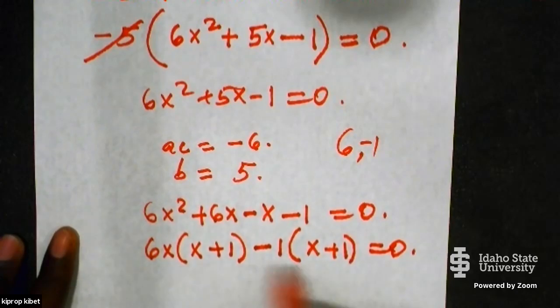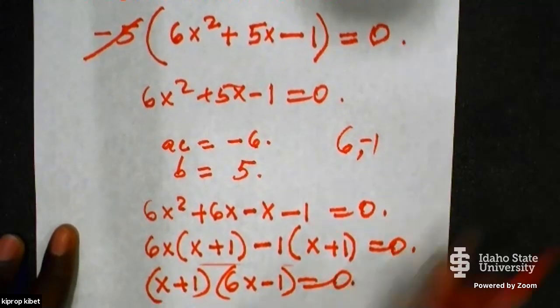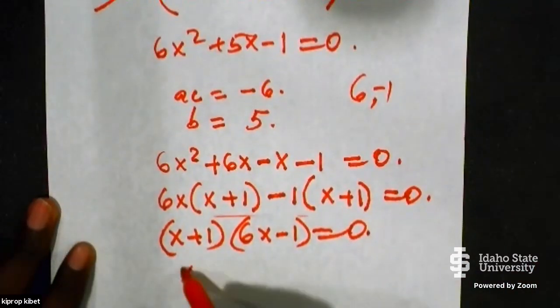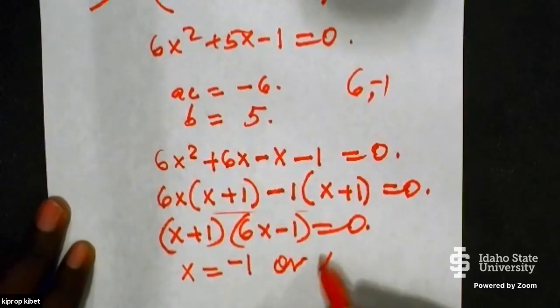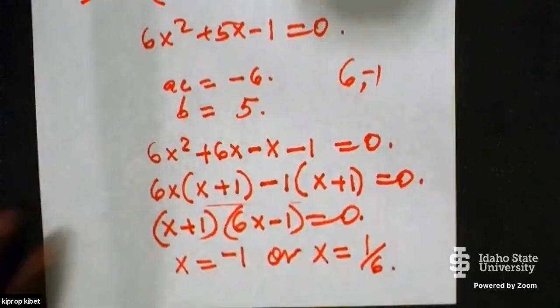So you factor out the common factor there, 6x plus 1, and then 6x minus 1 equals to 0. So using the zero product property, x equals to minus 1, or x equals to 1 over what? 1 over 6.